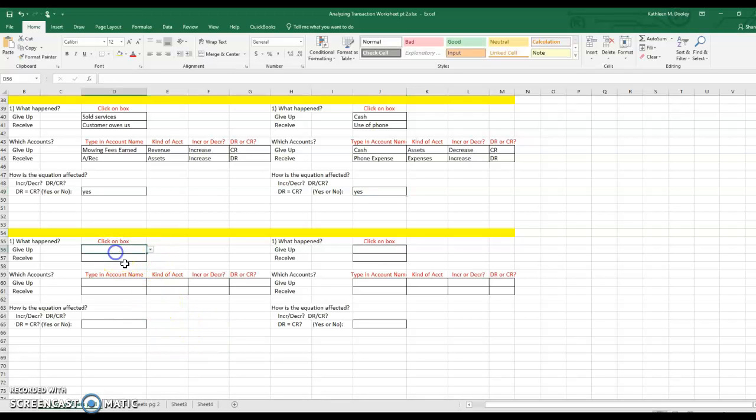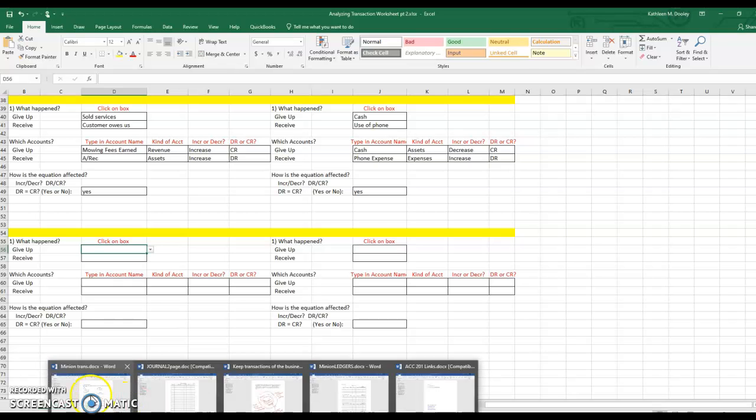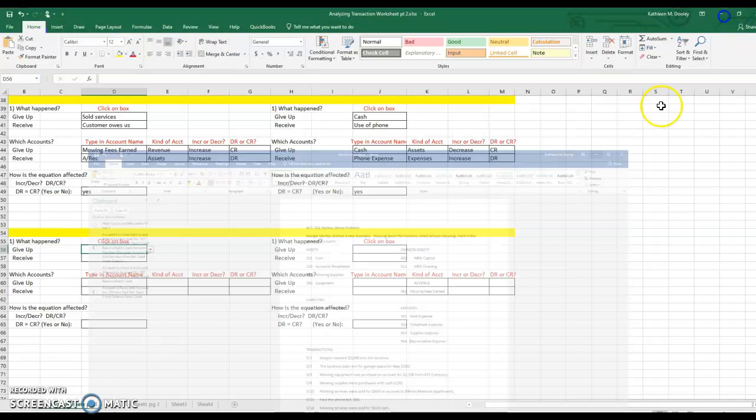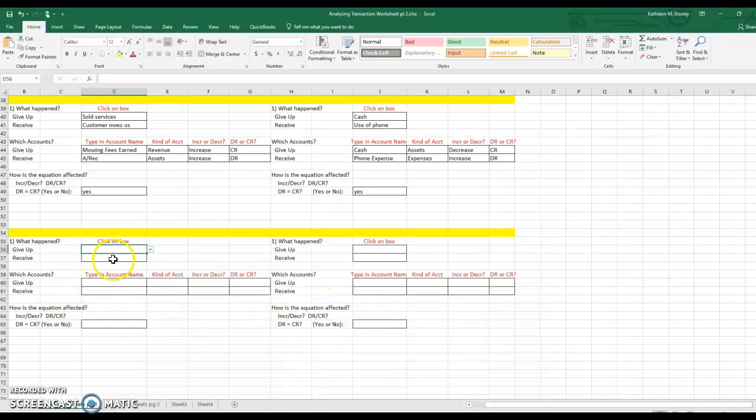Okay, next transaction. Mowing services were sold for cash. Okay, so here we received cash. We gave up the fact that we sweated, we sold services. Okay.